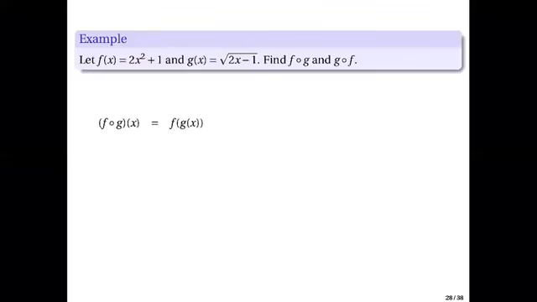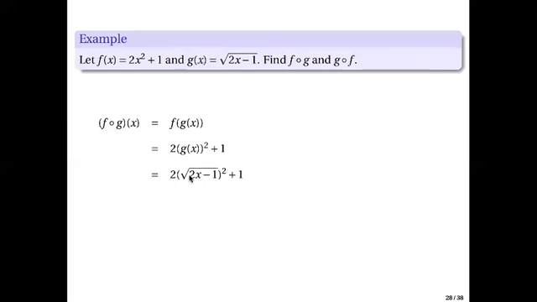Okay? So meaning, you replace the x here with your g of x. So 2 times g of x squared plus 1. And then we now use the function g of x here.